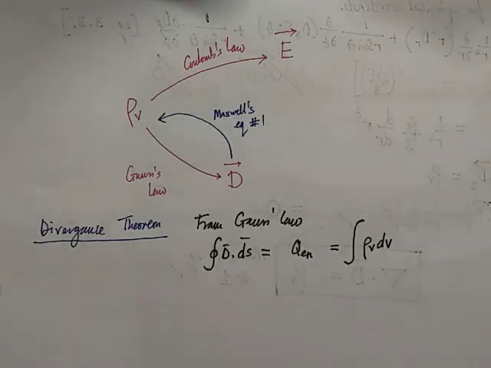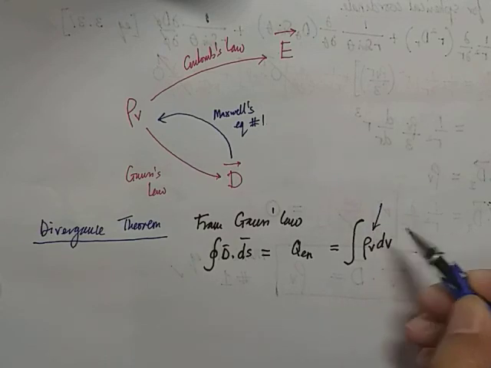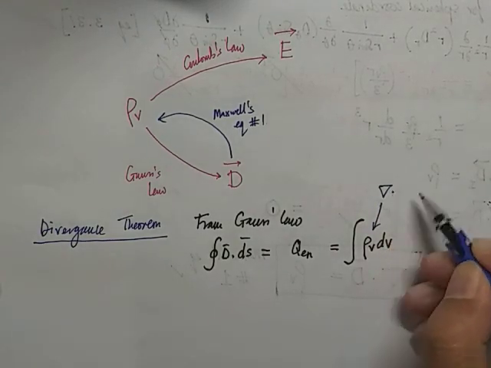And from our simple calculation just now, the rho v here can be substituted with Maxwell equation number 1, the divergence of D.